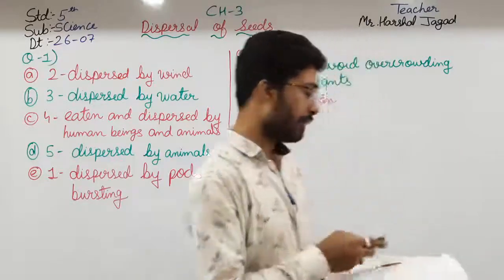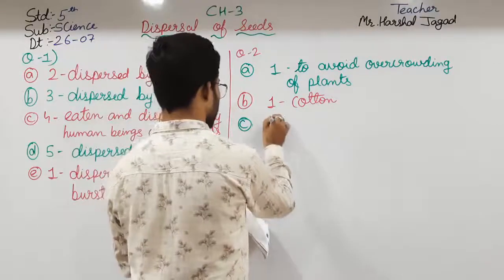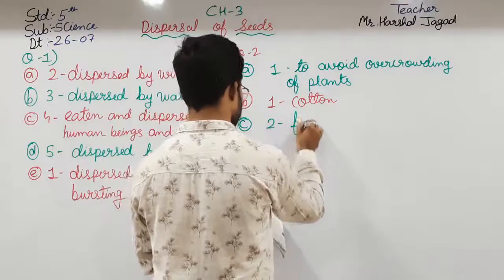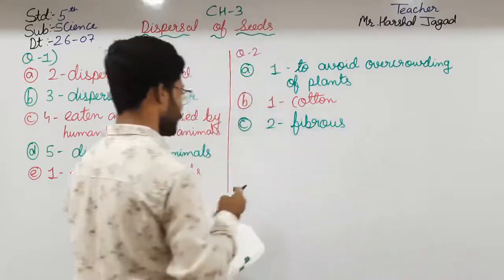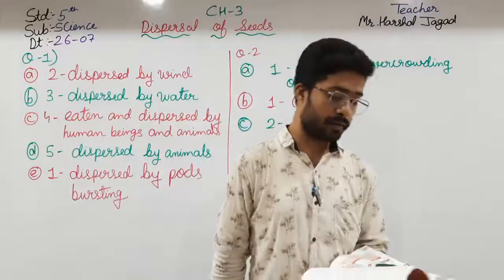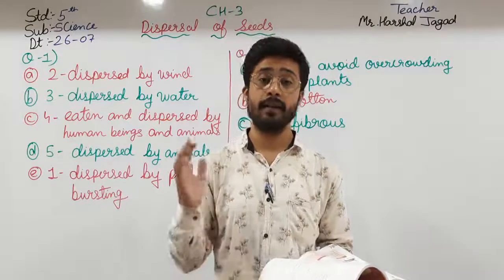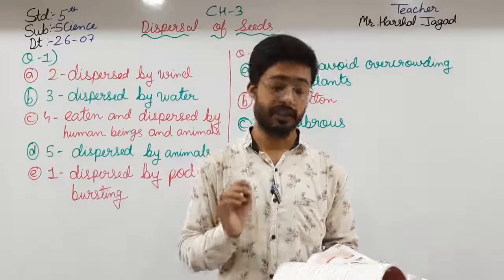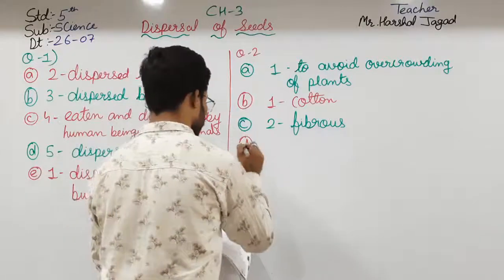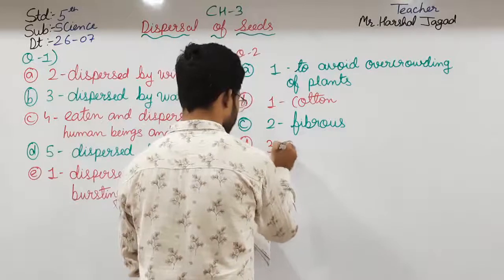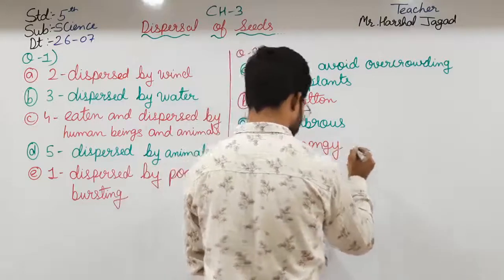So here it will be second, fibrous. D, lotus fruits have a dash that helps it to stay afloat and travel far. So it has a spongy part. So in the D it will be 3, spongy part.